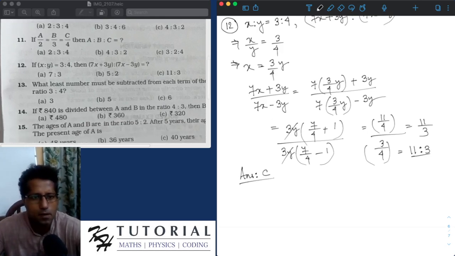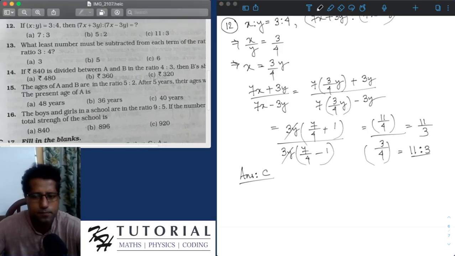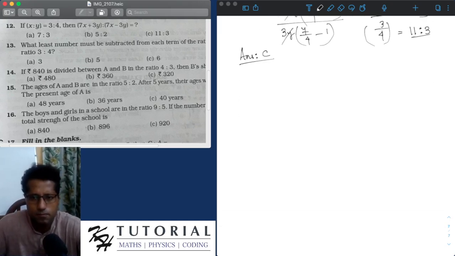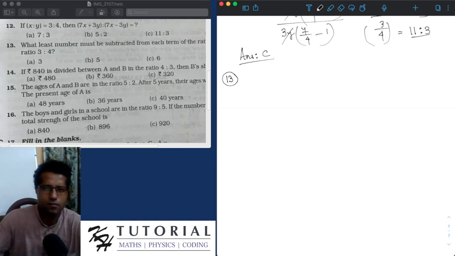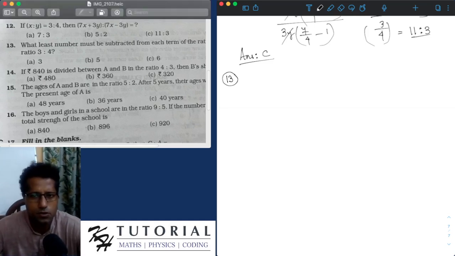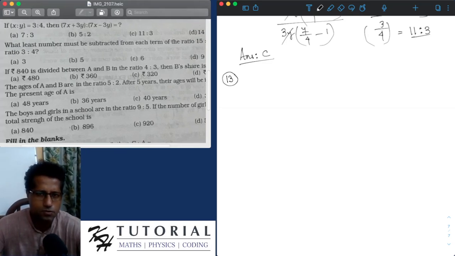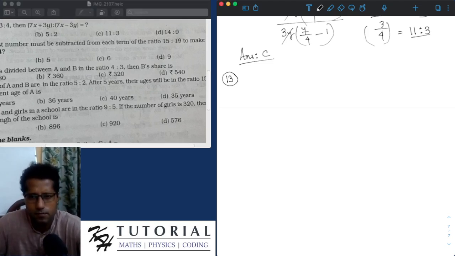Okay. Let's do question number 13. It says what least number must be subtracted from each term of the ratio 15 is to 19 to make the ratio 3 is to 4. So the ratio given is 15 is to 19.